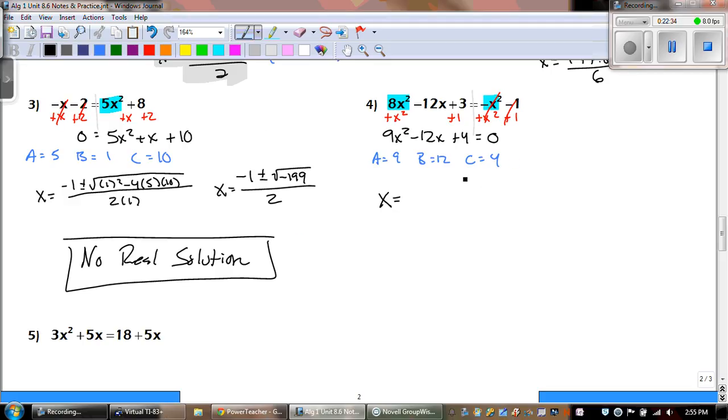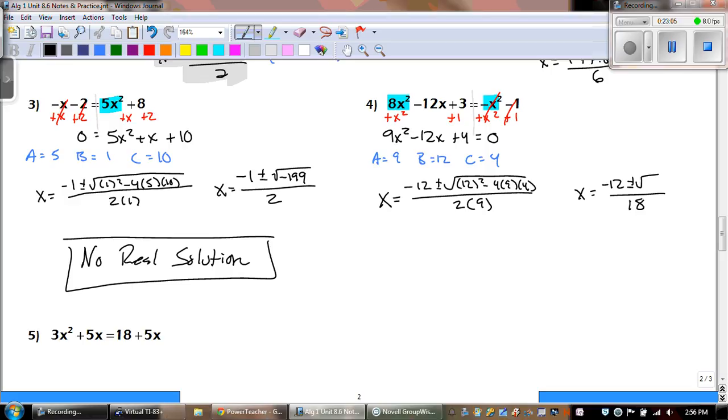So let's go ahead. x equals the opposite of b plus or minus the square root of b squared minus 4ac all divided by 2a. Cool. 2 times 9 on the bottom, I can do that right away. That's 18.